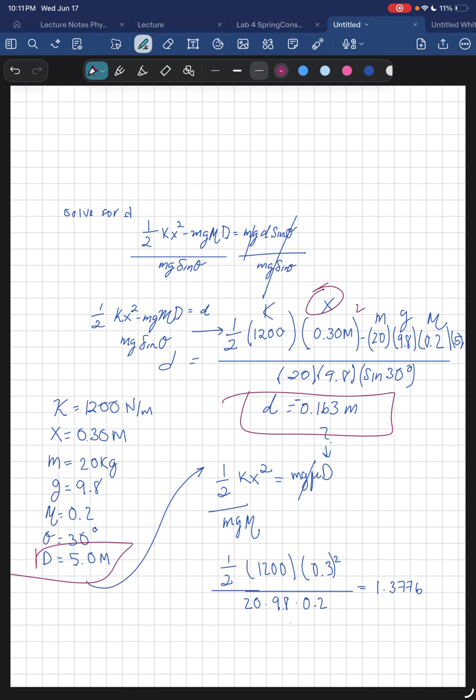Then we have the mass, the gravity, and the mu. And that gives us 1.3776 meters. That is my explanation for question 3 of exam 2. Thanks for watching.